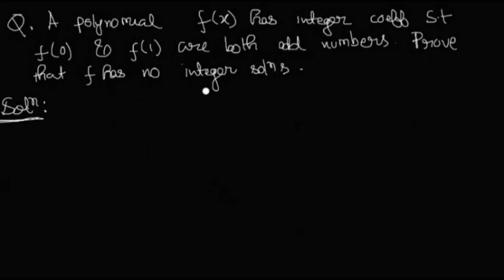So you have a polynomial. Let me give you what a polynomial is. A polynomial f of x looks something like this: summation a_i x to the power i, where i goes from say 0 to k. The degree of this polynomial will be k, because the last term will be k.